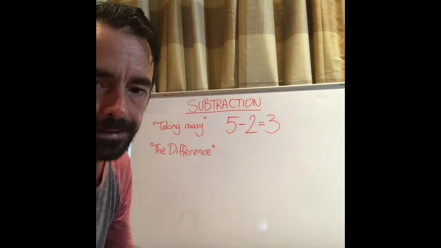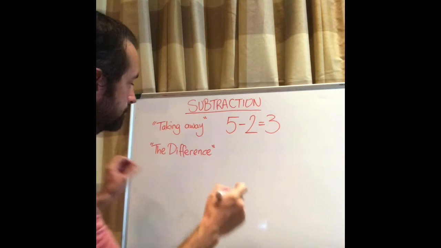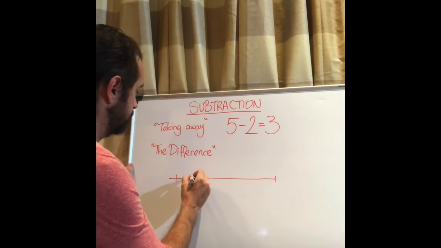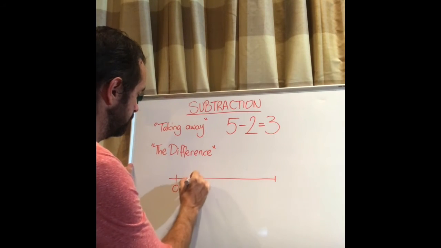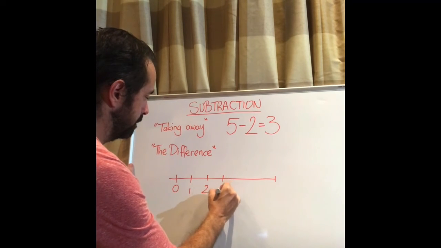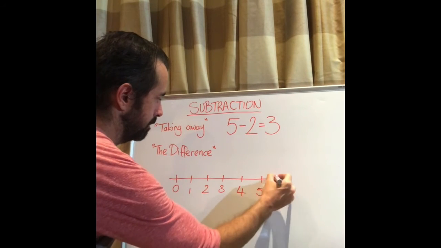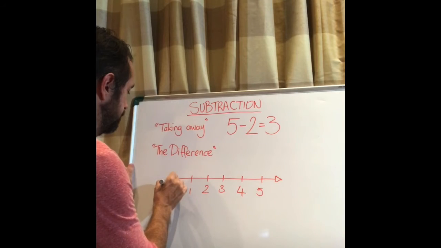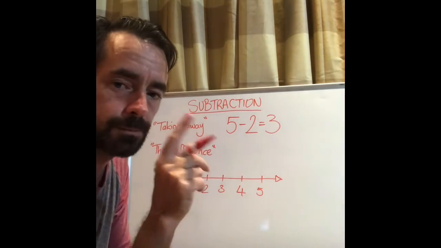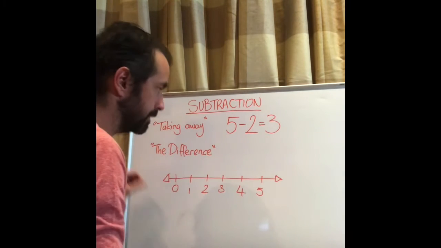We can also understand it to be the difference between two values. If I have a number line, then what I can do is plot the two values that I originally started with.